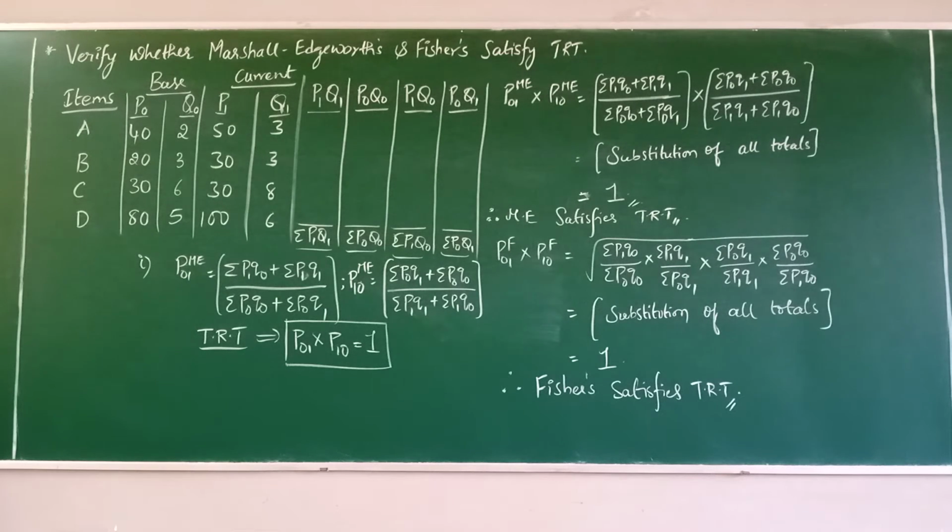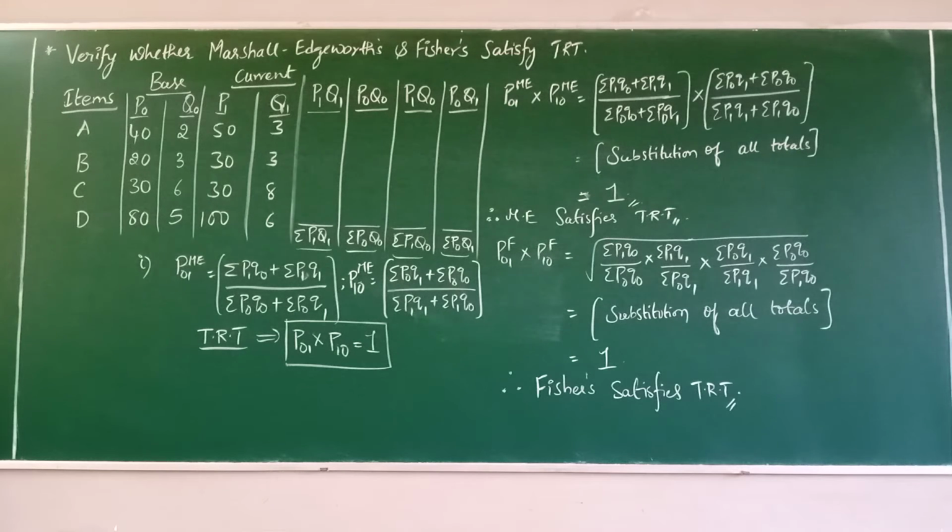For Marshall-Edgeworth, as you all know, what is the formula? P01 ME equals summation P1Q0 plus summation P1Q1 divided by summation P0Q0 plus summation P0Q1.